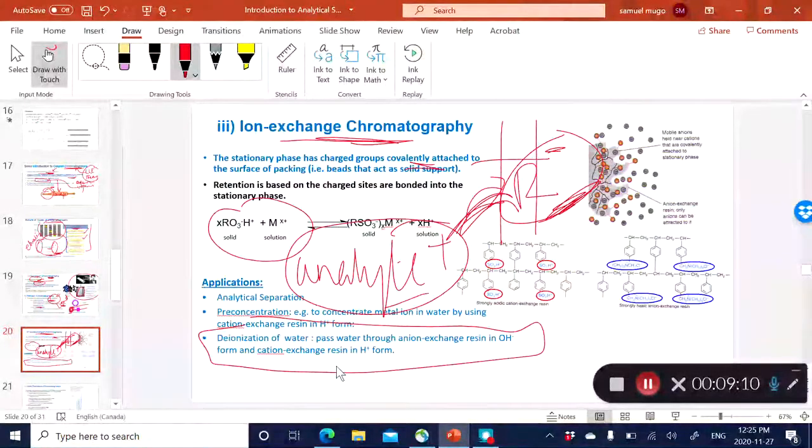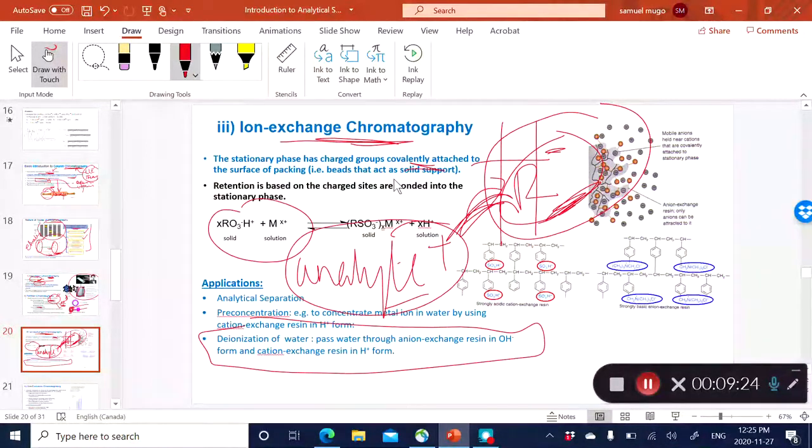And so whatever comes out essentially doesn't have any ions at all. And so this type of chromatography is used a lot to deionize water. As I've said, the resins can be positively charged if you want to remove anions, or they can be negatively charged if you want to remove cations.